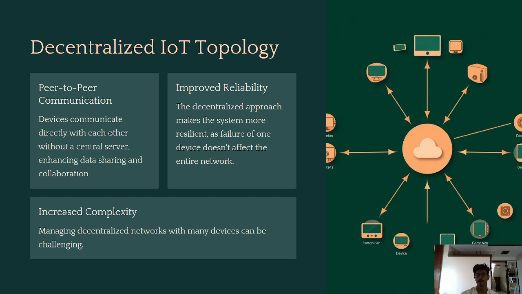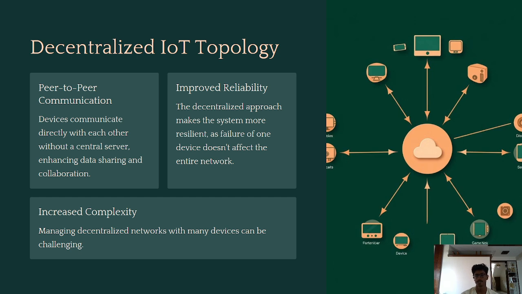Improved reliability, in the sense the decentralized approach makes the system more resilient, as failure of one device does not affect the entire network. As discussed previously, if there exists a central hub in a topology, the central hub failure can lead to disruption of the entire system.